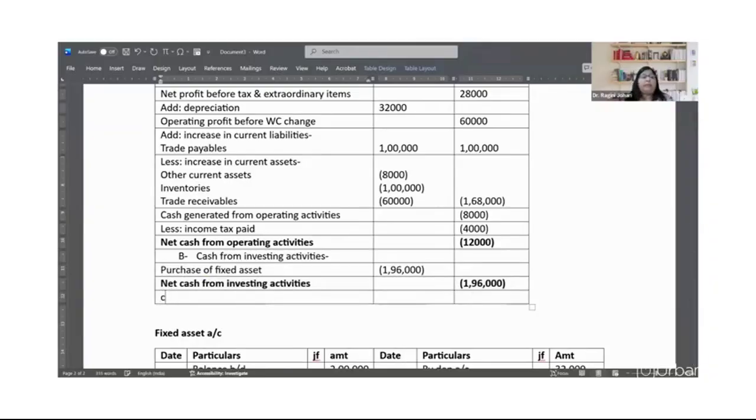Now let's move to part C, that is cash from financing activity. All right. Now, from financing activities, from where are we generating the cash?